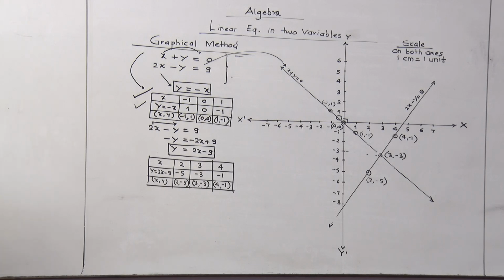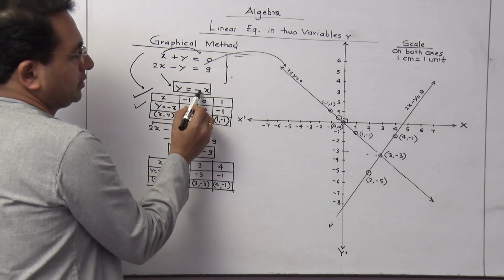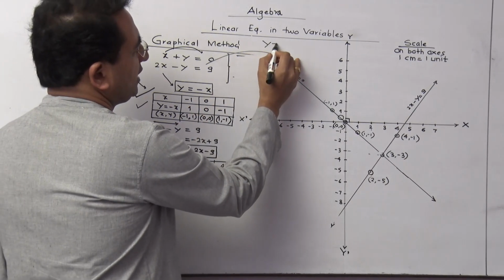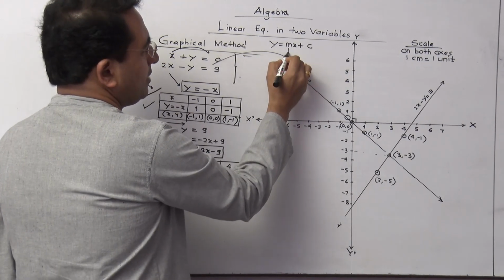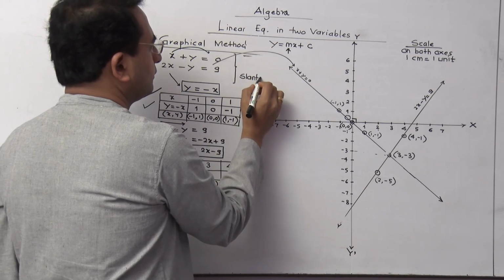Now we will go ahead with this next part. How to check about this? y is equal to minus x. I have given you the equation y is equal to mx plus c. That m stands for slantness of the line.